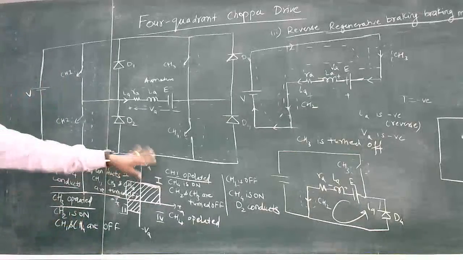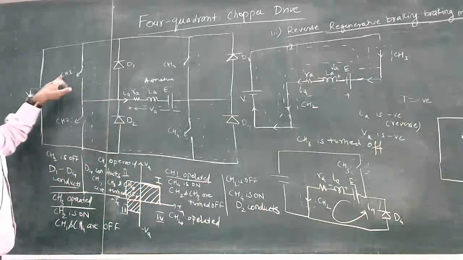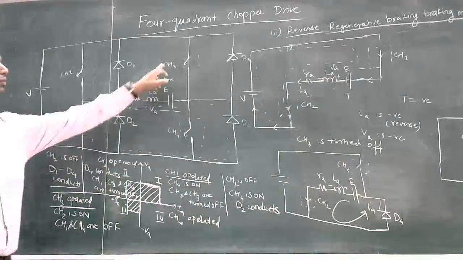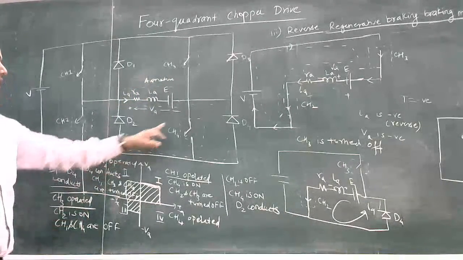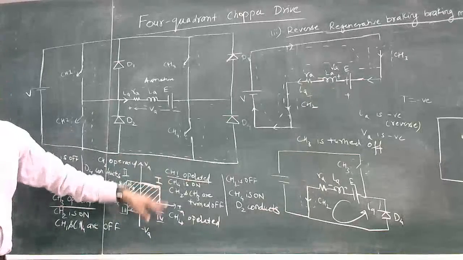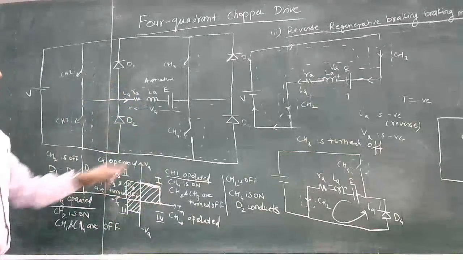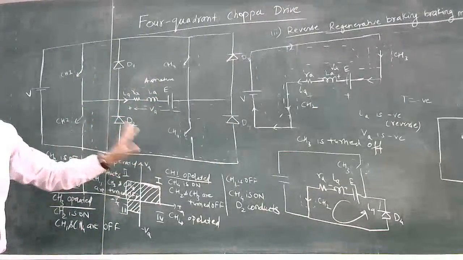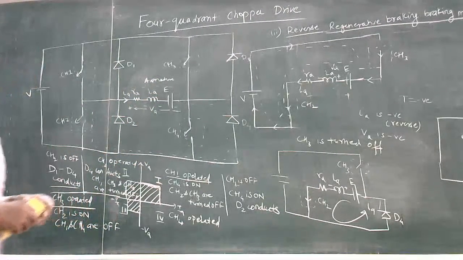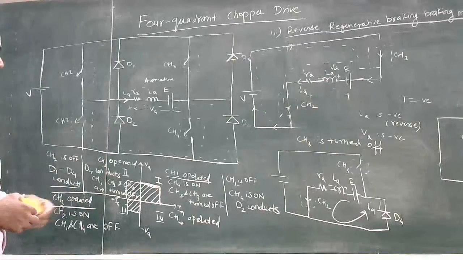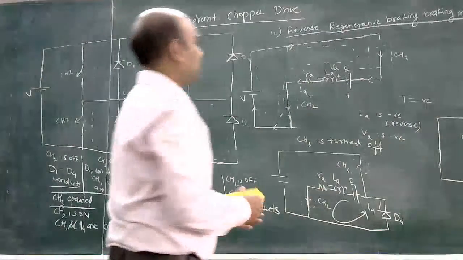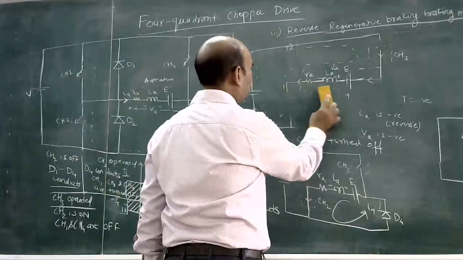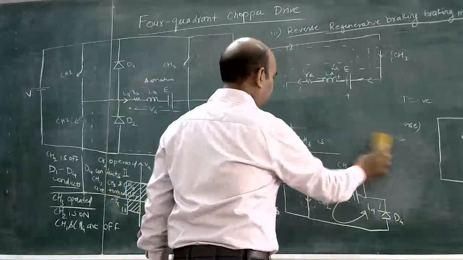So for each quadrant, in the first quadrant CH1 is operated, for the second quadrant CH2 is operated, for the third quadrant CH3 is operated, and for the fourth quadrant CH4 is operated. So for different quadrants, different switches are on. So when reverse regenerative braking, again here this motor will behave as a generator.